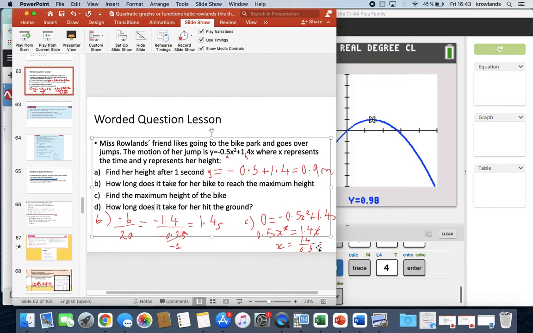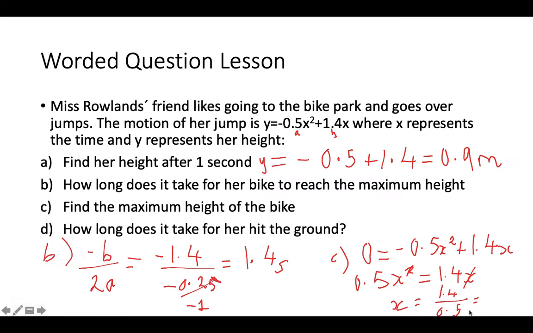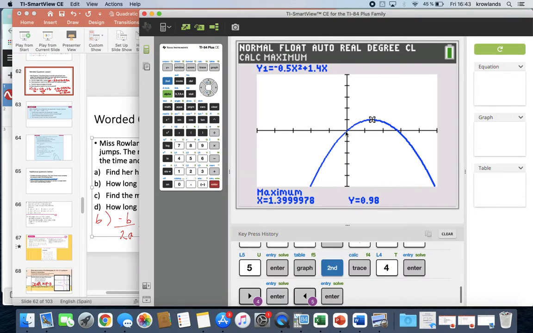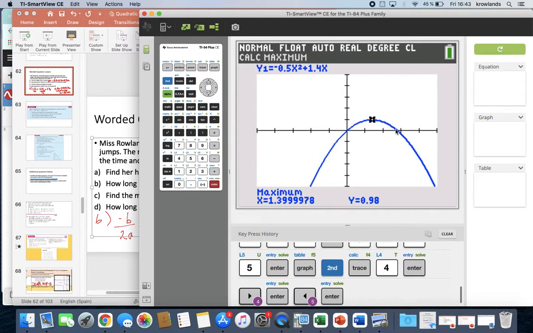That's the same as how many ones go into 2.8, so the answer is 2.8. That lines up with what we think: the maximum was at 1.4 and then it finishes at 2.8. This makes sense because it's symmetrical and it starts at 0. So if this is 1.4, which it is, we expect this to be 2.8.